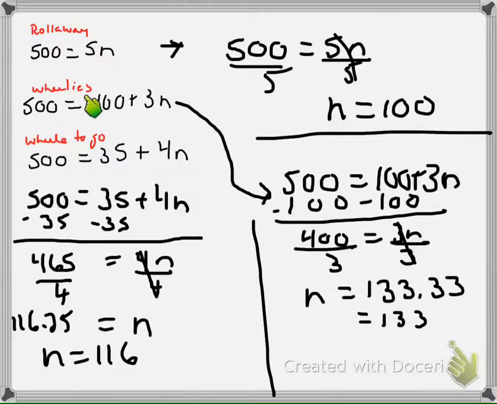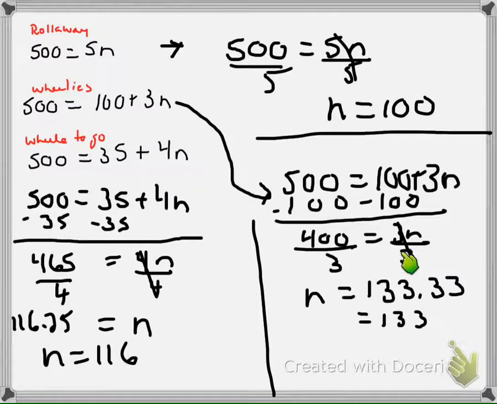In order to figure out the number of people at Wheelies, 500 equals 100 plus 3n. First, I have to subtract the 100 from both sides, and that gives me over here 3n, because the 100 is now gone, and over here 400. Now I have the equation 3n equals 400.